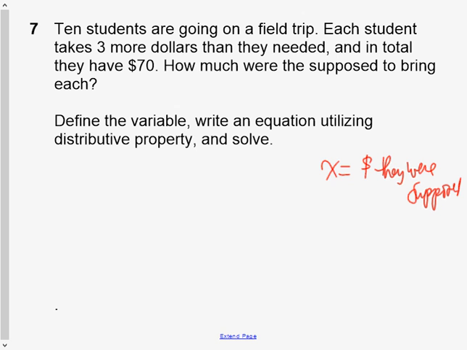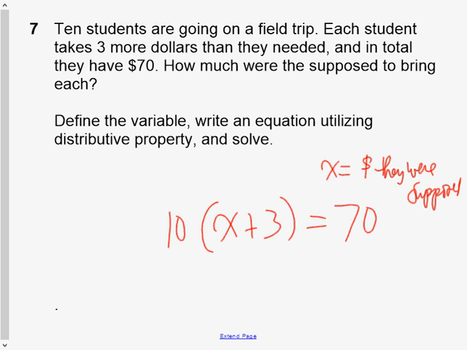X is going to be the amount of money they were supposed to bring. So each student brought $3 more than they were supposed to bring. So that is going to be the expression x plus 3, because it's $3 more than they were supposed to bring. And if 10 students brought that, I would have to multiply this amount by 10, because each student brought that multiplied by 10, and in total, that became $70.